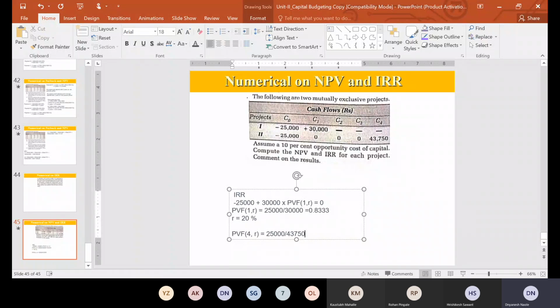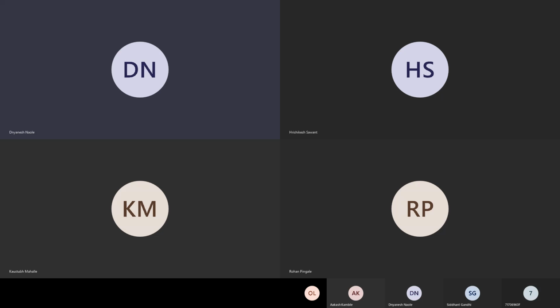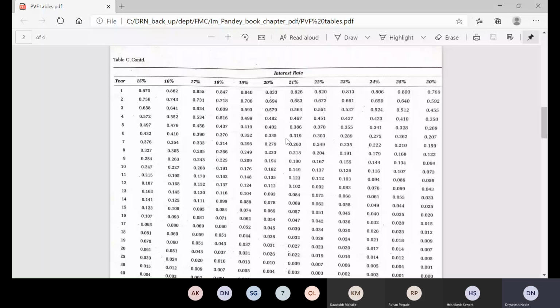Okay, so this is 0.571. Okay, so now we need to look for 0.571 in the present value factor. ओके, चार साल के इसमें 0.571 देखना है आपको. सो 0.571 इज एग्जैक्टली हियर. सो 15%. समझ में आ रहा है ना आप लोगों को?